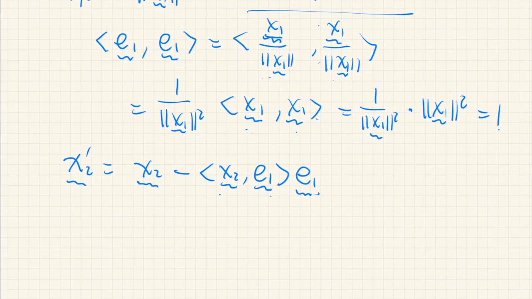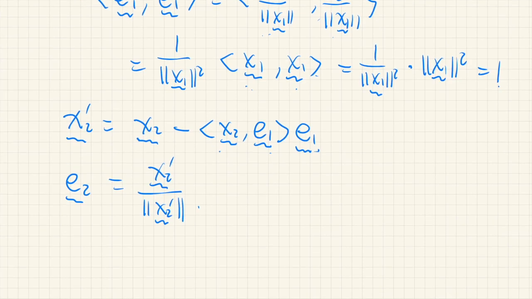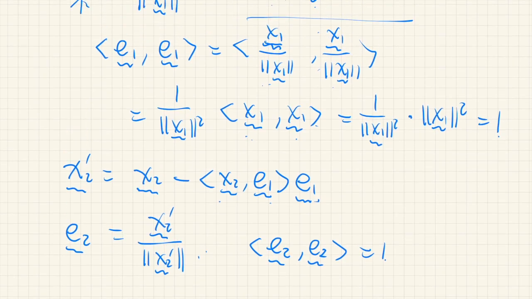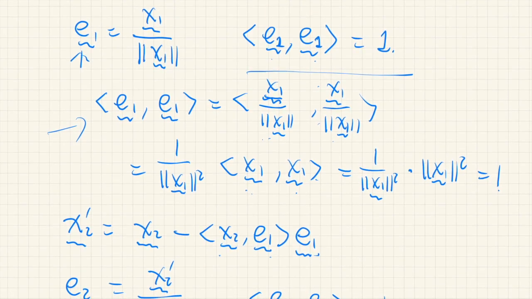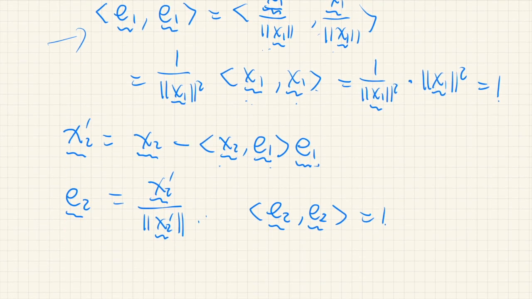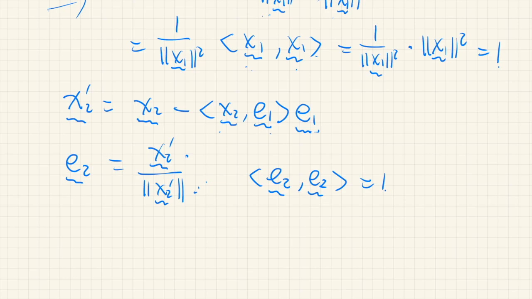Now, e2 is given by x2 prime divided by its norm. From this, we can easily see that the inner product between e2 and e2 is 1, just like we did here. It's a vector divided by its norm, so its norm should be 1.